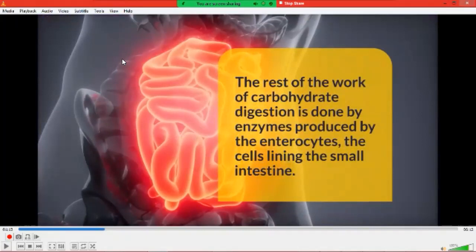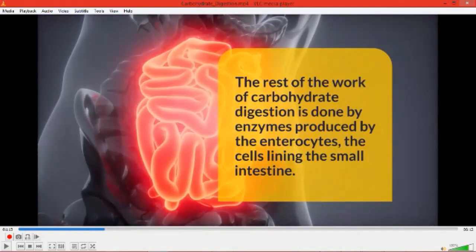And the rest of the carbohydrate digestion is done by enzymes produced by enterocytes, the cell lining in the small intestine. They release enzymes to break down our disaccharides.